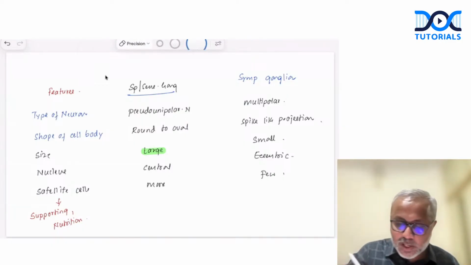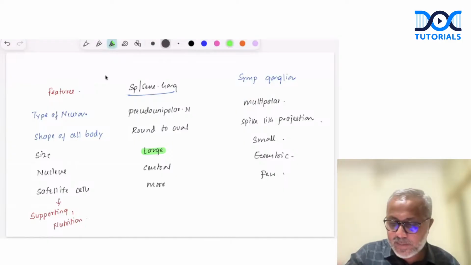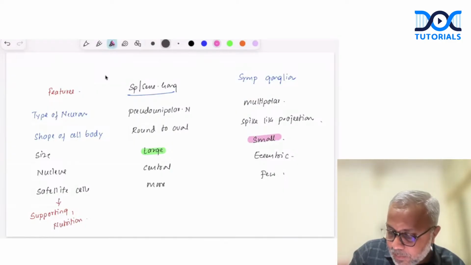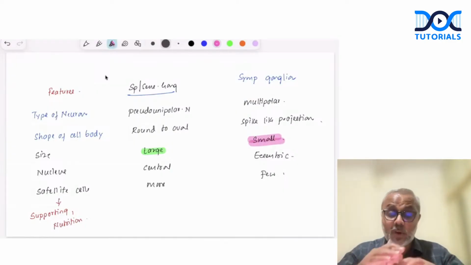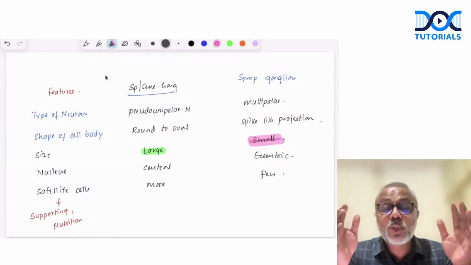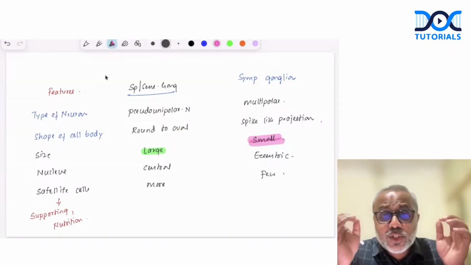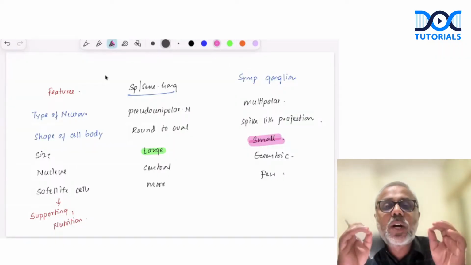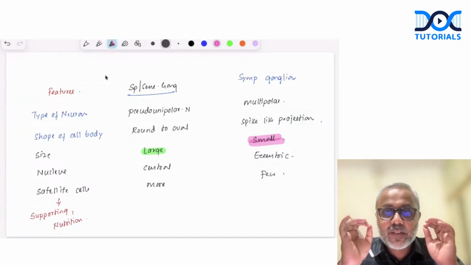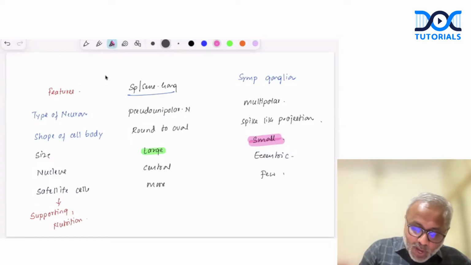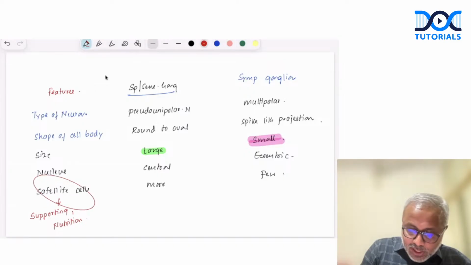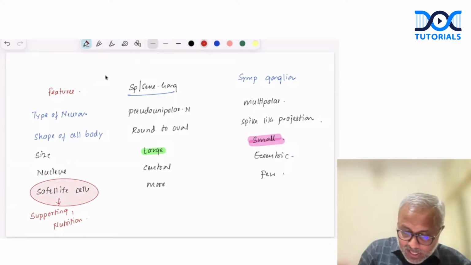Whereas when we talk about the autonomic ganglion, we just saw that the cell body is very small. Now you have a smaller body, you will require less nutrition. So naturally you will have fewer satellite cells. Fine. Now this is one important viva question you can expect in your slide discussion. What are satellite cells? What is their function?